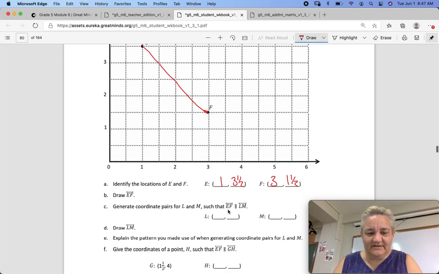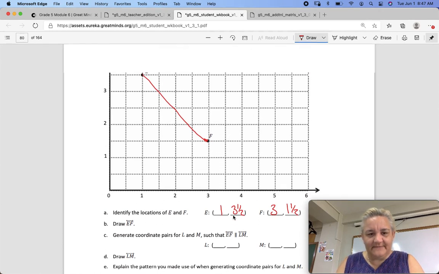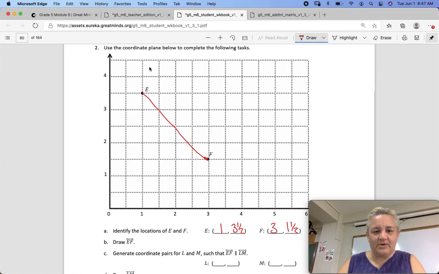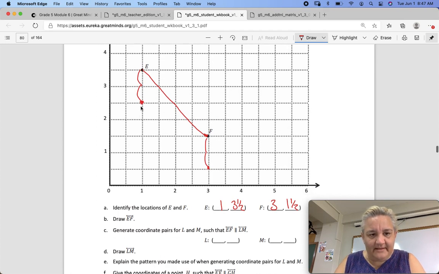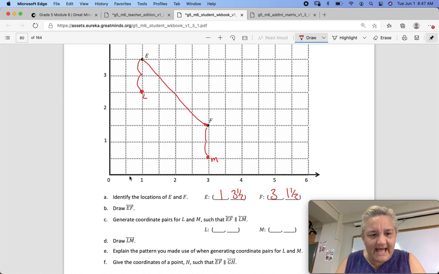Ooh, it's awful. Okay, generate coordinate pairs for L and M such that EF and LM are parallel. So where would you like to go? Would you like to go up or down? Let's go down 2. So here's 1, 2, and here I'm going to go down 2 as well. 1, 2, and I'm going to call this L, and this one is going to be M. So L is at 1 and 2.5.